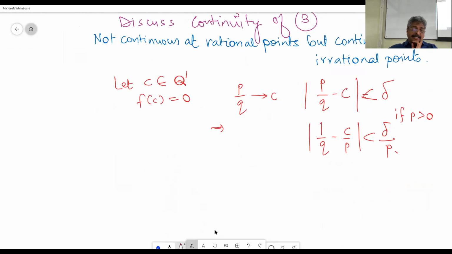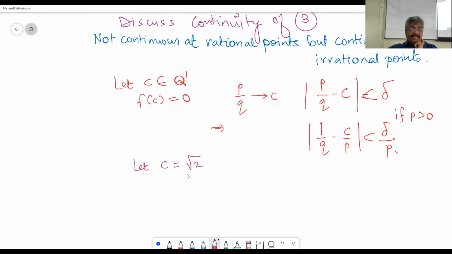Let us consider an irrational number, say root 2. Let the irrational number c be equal to root 2. Now root 2 can be caught between two rationals, because essentially we are supposed to prove that 1 upon q will tend to 0.